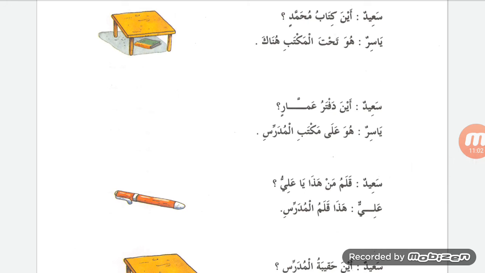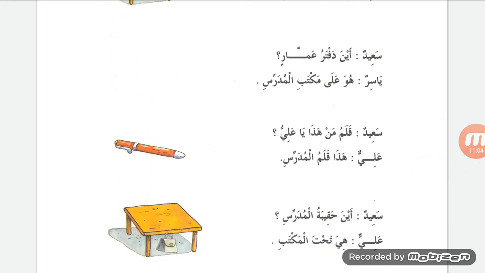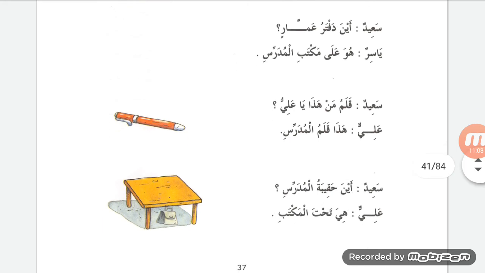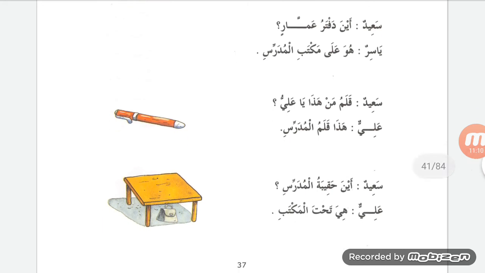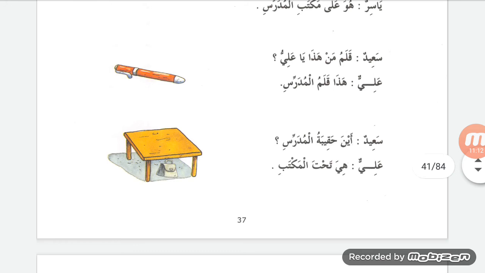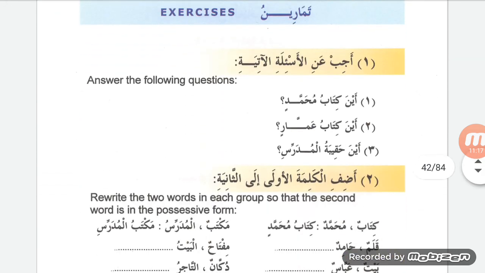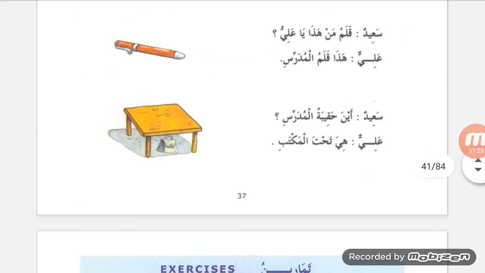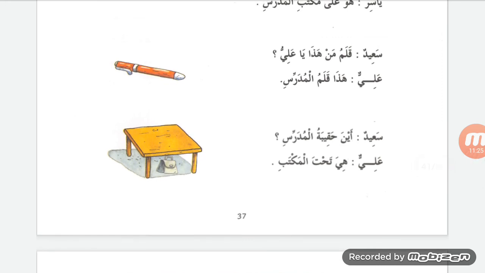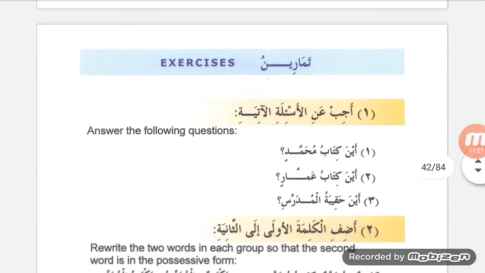Aina daftaru Ammar, where is the register of Ammar? Huwa ala maktabil mudarrisi. Ala means upon, so you can say huwa ala maktabil mudarrisi. Aina haqibatul mudarrisi, where is the bag of the teacher? Hiya tahta al-maktabi, it is under the desk.